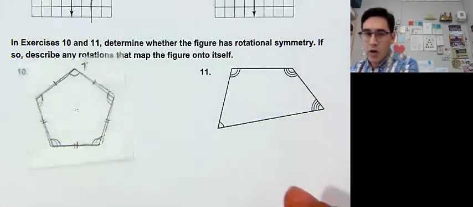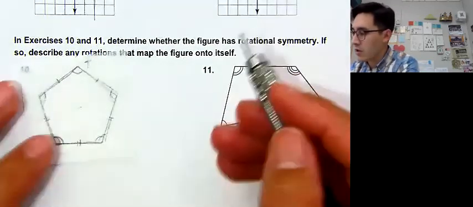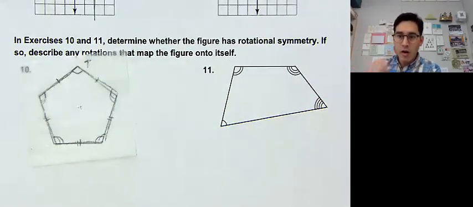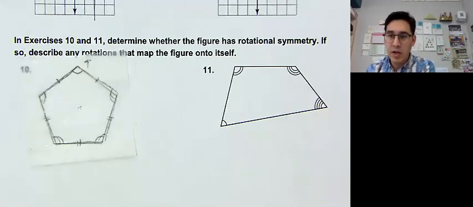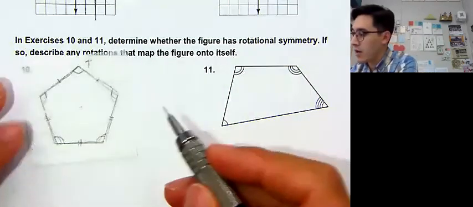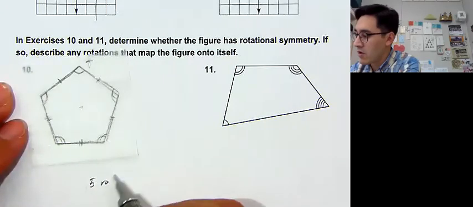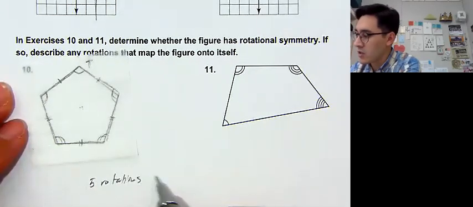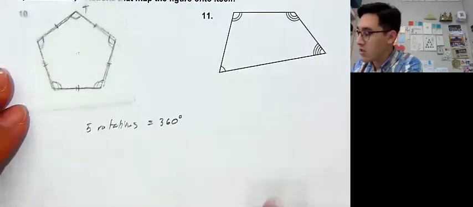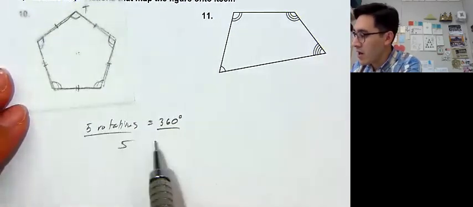Okay, so how many degrees was each turn? Well, since we got all the way back around again, altogether we went 360 degrees, but that was 5 turns to do it, right? So 5 rotations equals 360 degrees. So let's divide by 5.